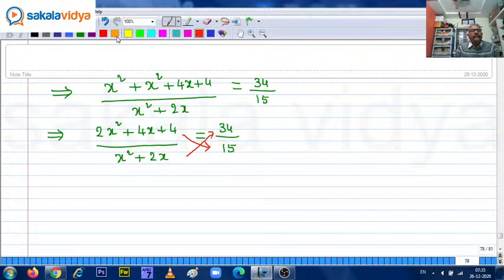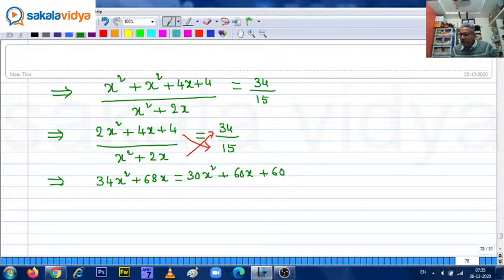If you cross multiply, you get 34 times x square plus 34 into 2x, 68x, is equal to 30x square plus 60x plus 60. So now bring the terms to this side.